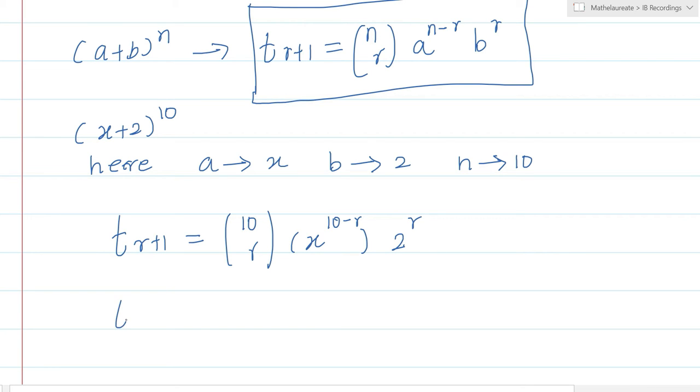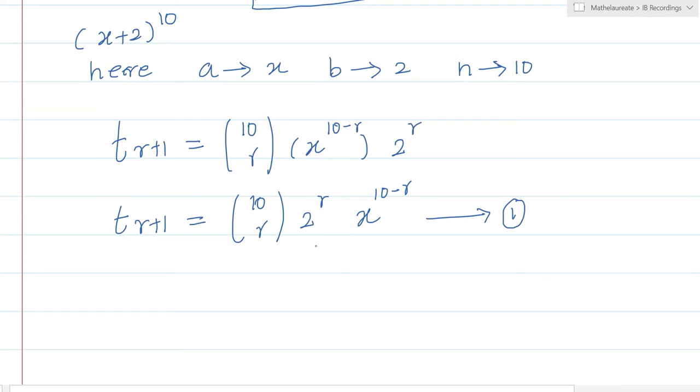I'll rearrange it: 10Cr is a constant and 2 to the power of r is also a constant, and the x term is x to the power of 10 minus r. Take this as the first relation, the general term relation of this question.